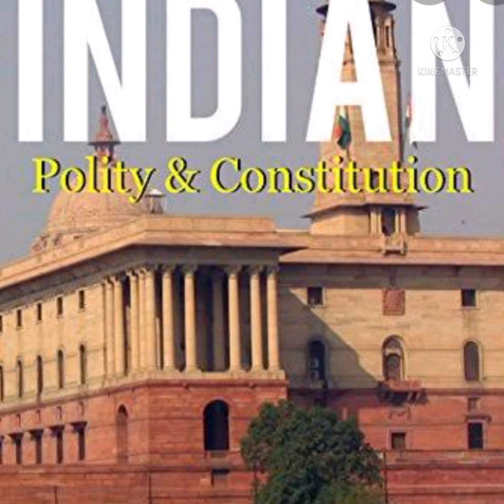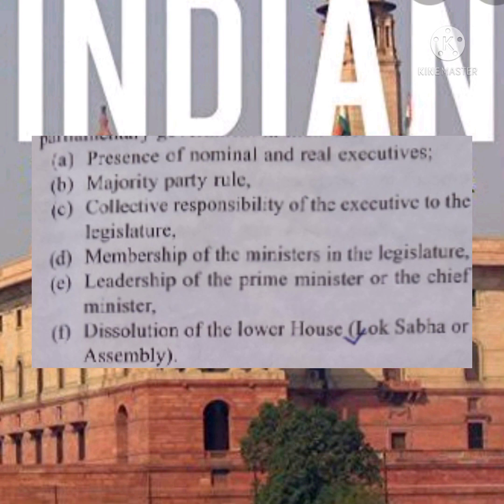Now I am going to tell some features of the parliamentary form of government. The first important feature is the presence of nominal and real executives. In our country we have a nominal executive, the president, and the real executive, the prime minister.